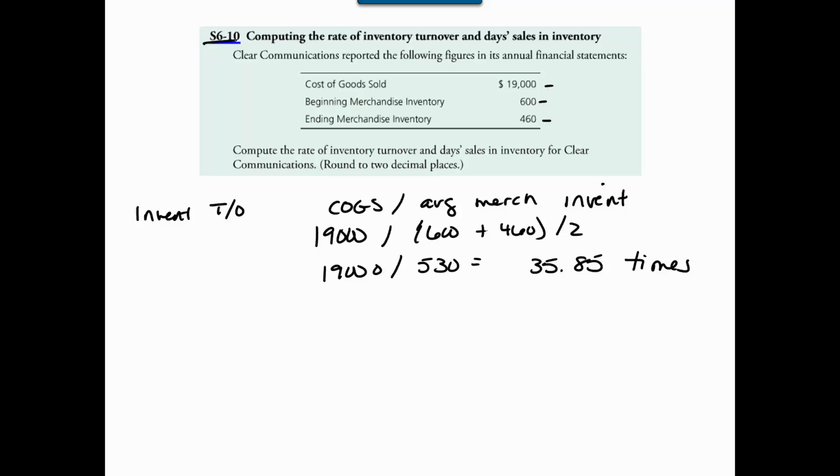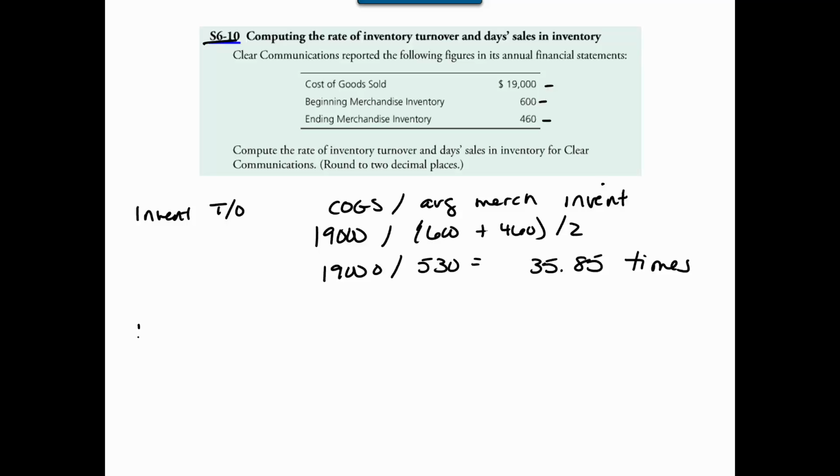times. Again, these are the demo problems that I have set up for you in my lab, so you can work those along with this if you want to go back and do these on your own. But this tells me that I sold everything and restocked almost 36 times in whatever period of time this is, a year, I don't know.